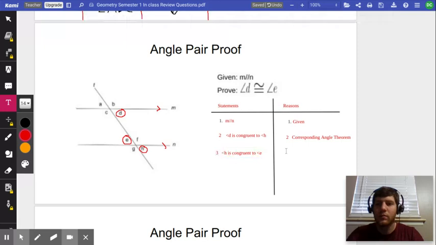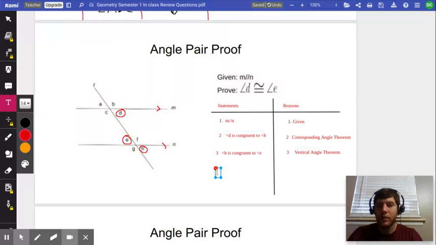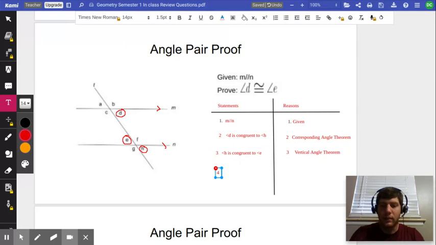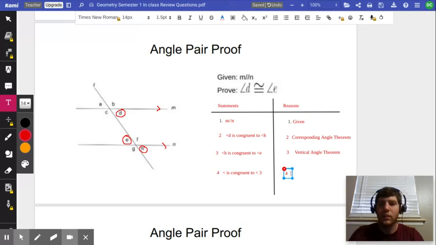And the reasoning there is that vertical angles are congruent. That's the vertical angle theorem. Now we know that D is congruent to H and E is congruent to H, right? Two things are congruent to the same thing. We can use the transitive property to say that angle D is congruent to angle E. If two things are equal to the same thing, then they're equal to each other.